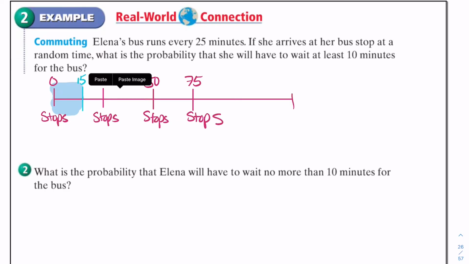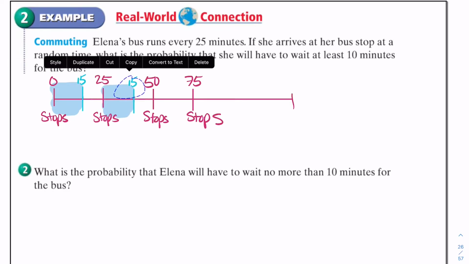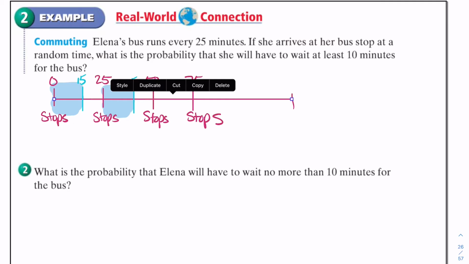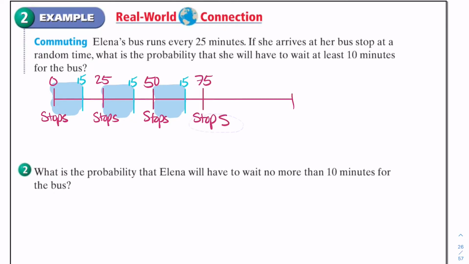And this keeps repeating, so it doesn't matter how many times we do this, but we can just repeat this process over and over. You see that no matter how many times, we only need to look at one cycle of this occurring, right? So it's 25 minutes, 50 minutes, 75, 100. It just keeps doing that over and over.